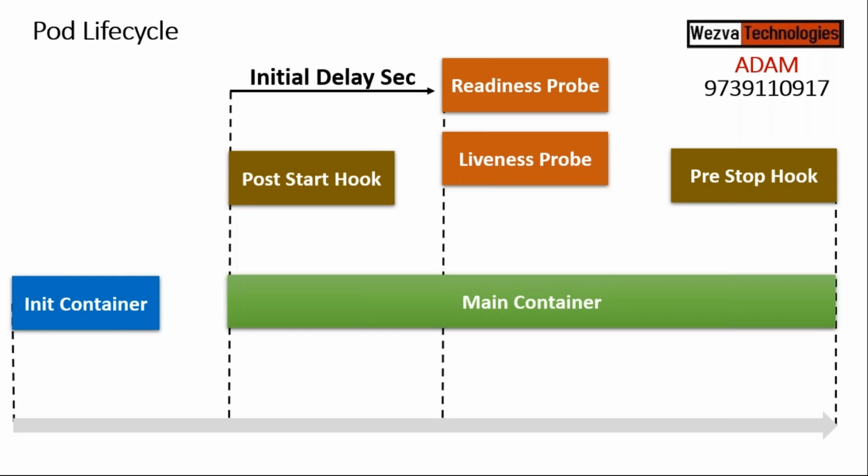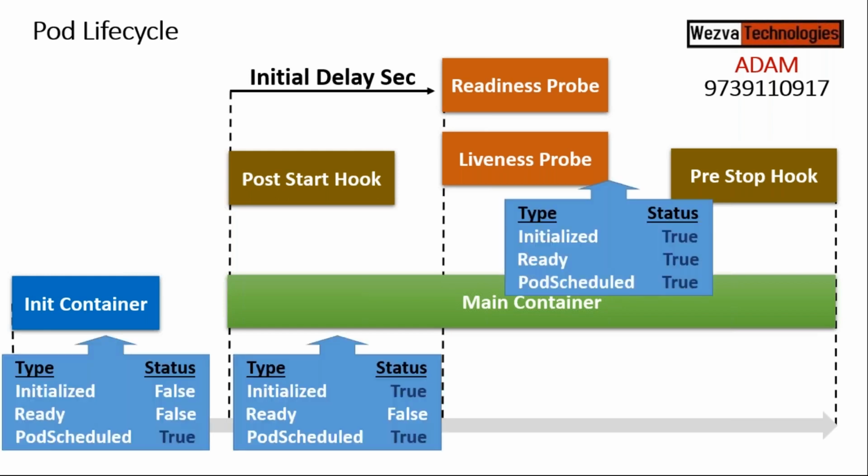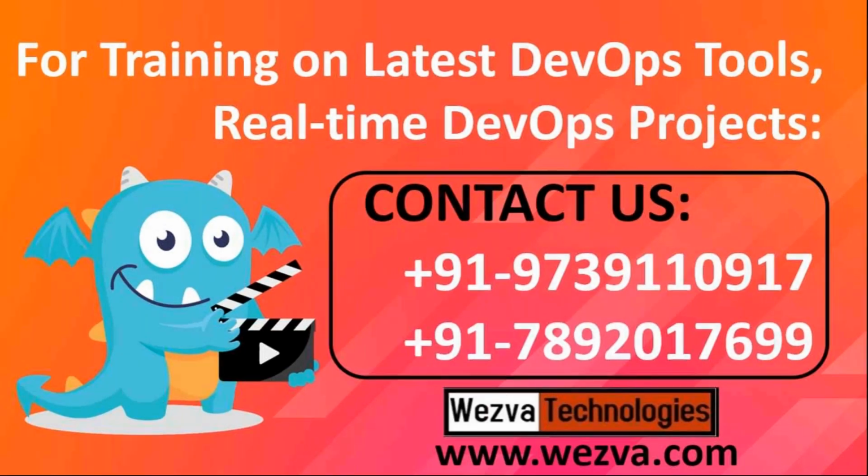So this is exactly where you also need to understand what the different conditions of your pod are. Because going forward, anytime you get an error, you need to understand and try to debug. So for all these things, you need to know the status of the pod, and you also need to know the condition.